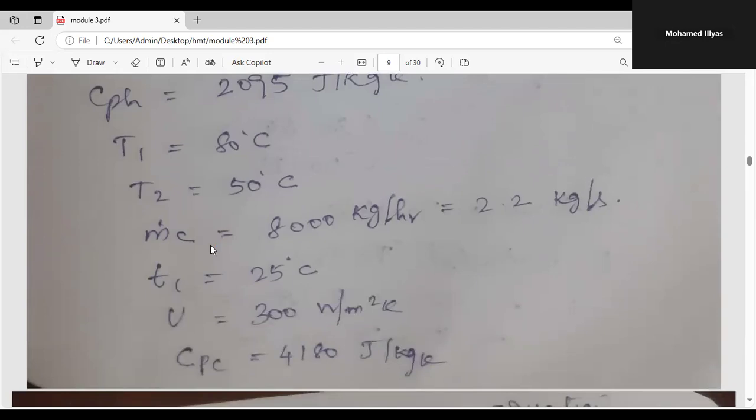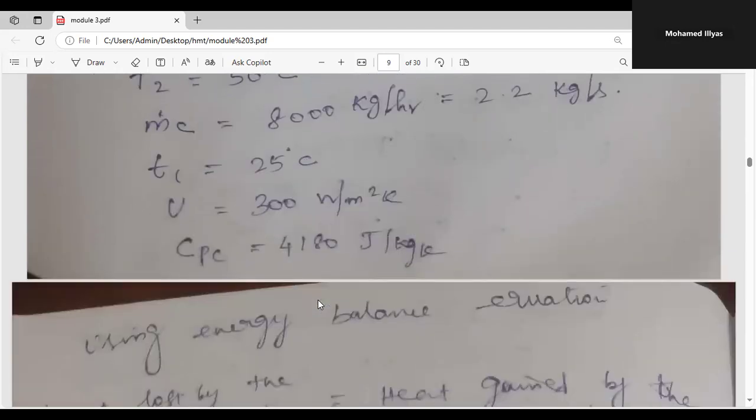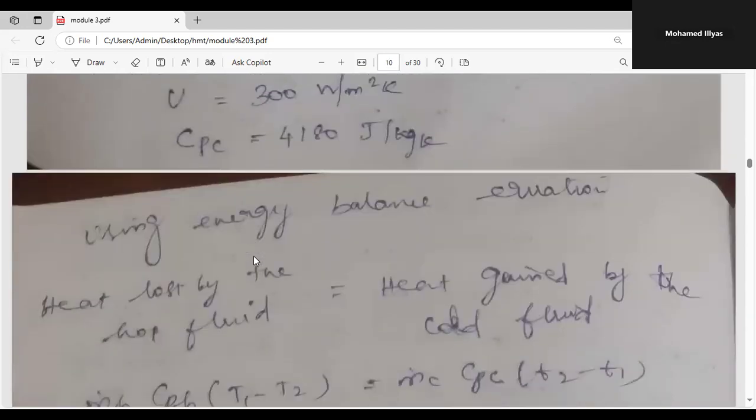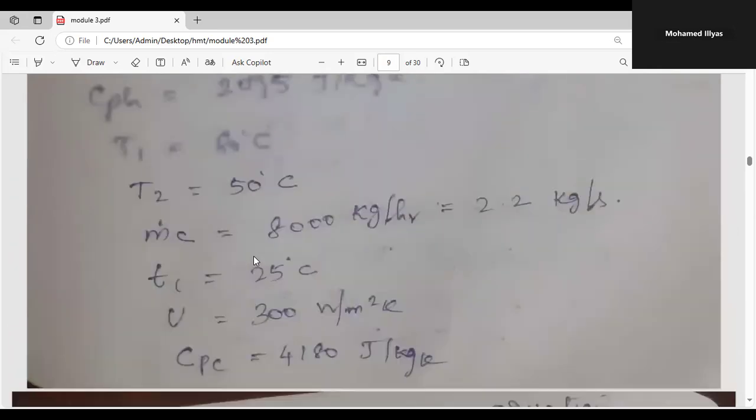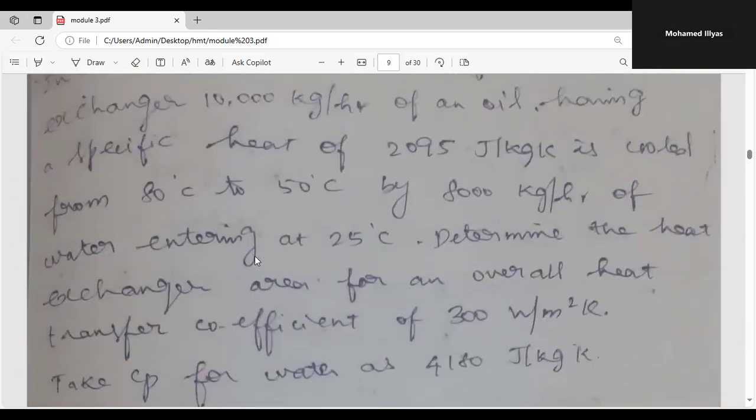The mass flow rate of water, which we consider as the cold fluid, is 8,000 kg per hour, which is 2.2 kg per second. The cold fluid entry temperature is 25 degrees Celsius, the overall heat transfer coefficient is 300 watts per meter square Kelvin, and the specific heat of the cold fluid is 4180 joules per kg Kelvin. We need to find the heat exchanger area.